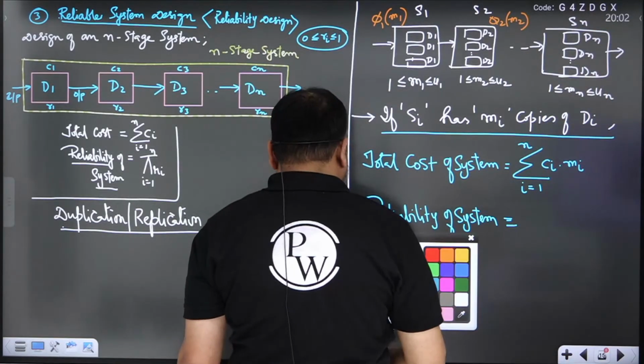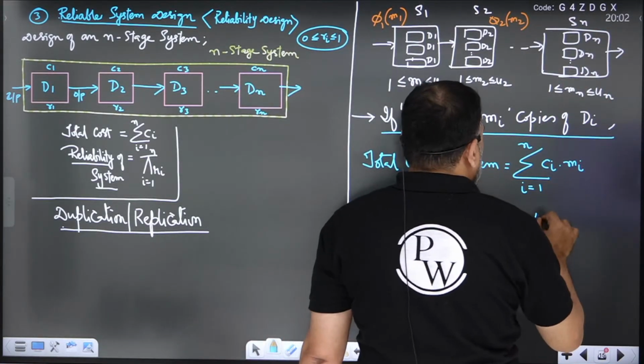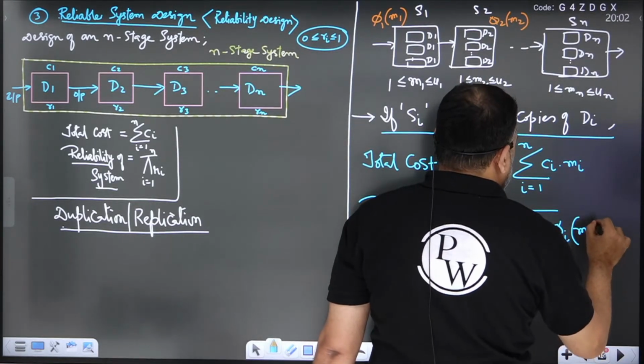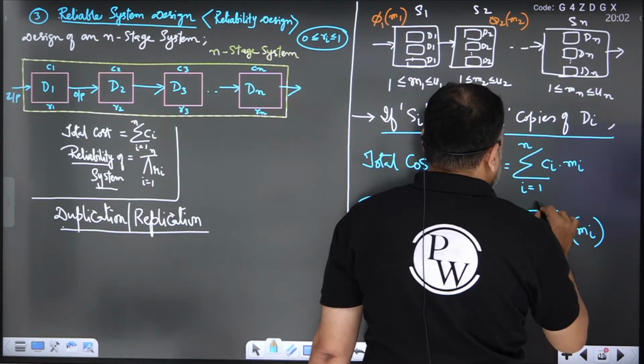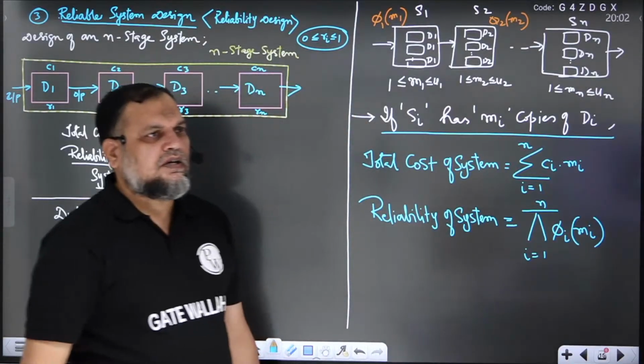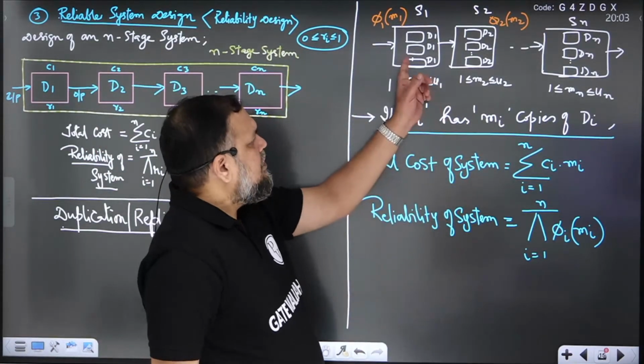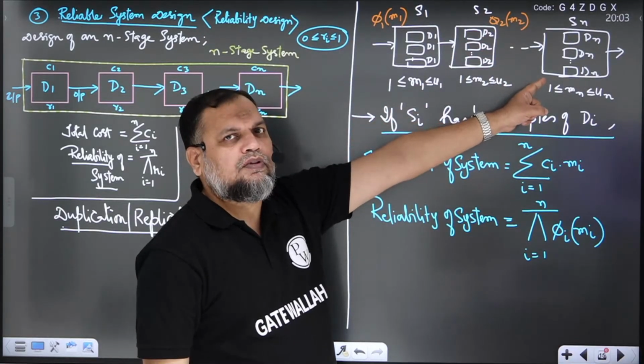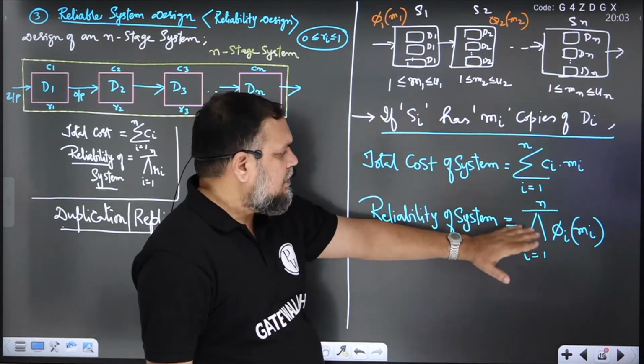So therefore, the reliability of the system will become the product of pi i of mi, i equal to 1 to n. Reliability to multiply karenge na, right? So product of pi 1 of m1 into pi 2 of m2 into pi 3 of m3, so on up to pi n of mn. This is the reliability of the system.